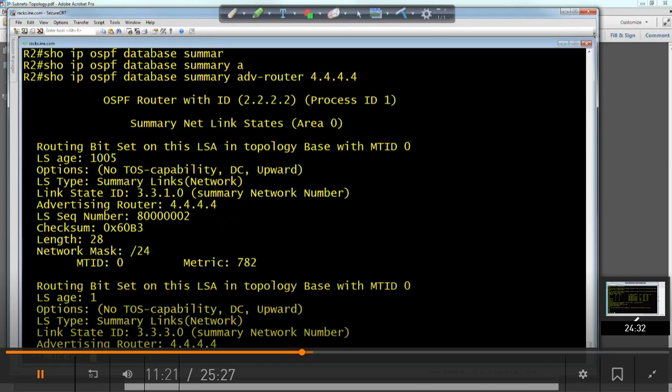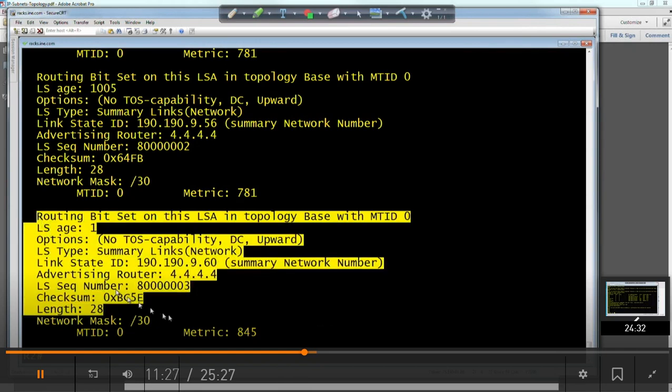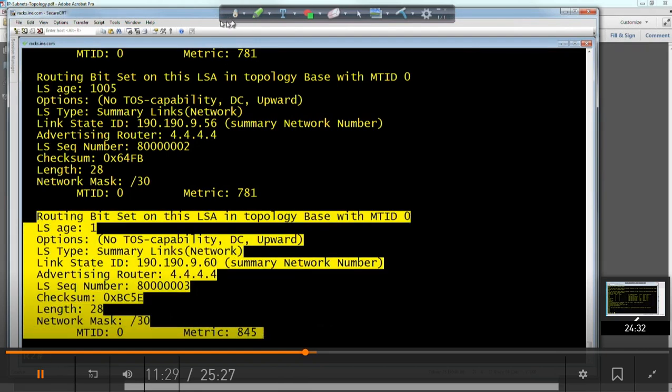And network J is the 9.60 network. And here it is. There is our network, 9.60.